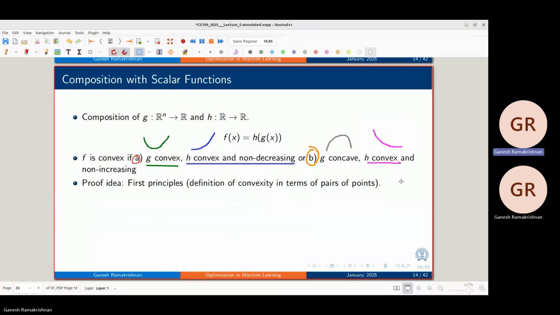This is best depicted pictorially. h of g of x.